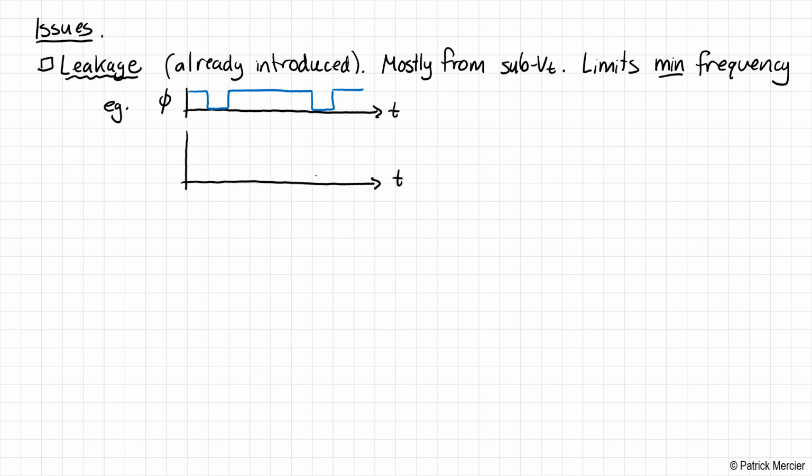And then let's go ahead and plot V out of a dynamic logic gate. Let's just imagine in the prior clock cycle we had totally discharged our output, so we're at 0 here. And then when the clock goes low, we enter the pre-charge phase. So we charge all the way up to VDD, everything is good.